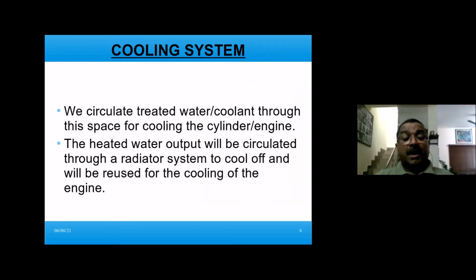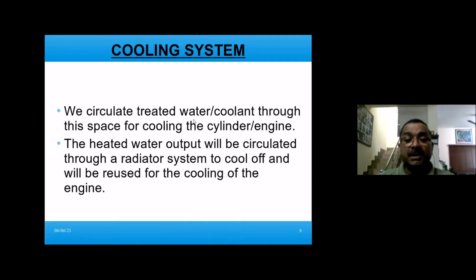After cooling the engine, the water or coolant which is coming out will be at an elevated temperature. So we will take that water into a radiator system, which will cool off this coolant or water, and it will be reused for cooling the engine.